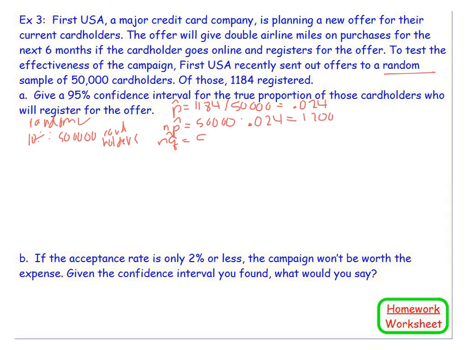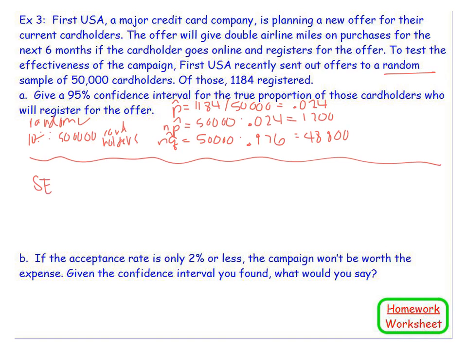And we're going to take 50,000 times, if you take 100 minus 2.4, or 1 minus 0.024, you get 0.976, which gives us 48,800. Either way, both of those are bigger than 10, so we can move on to finding our standard error. So that was the first piece of the puzzle. Those are our conditions.